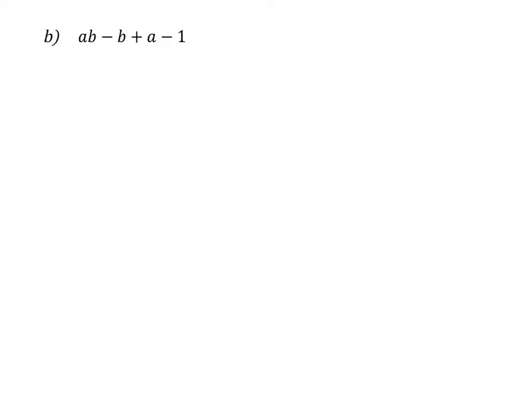Moving on to our second example, I'm just going to rewrite it: ab minus b plus a minus 1. Since I have plus in the middle, again, it's going to be very easy. All I'm going to do is put parentheses around the two different sets. Looking at my first one, ab minus b, each of these terms is divisible by b, so I'm going to take out b.